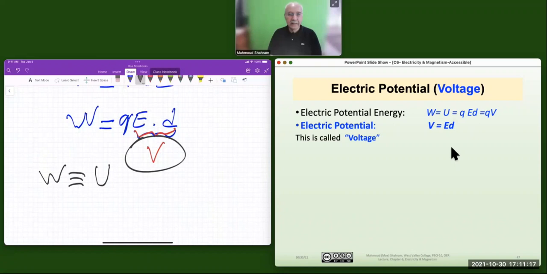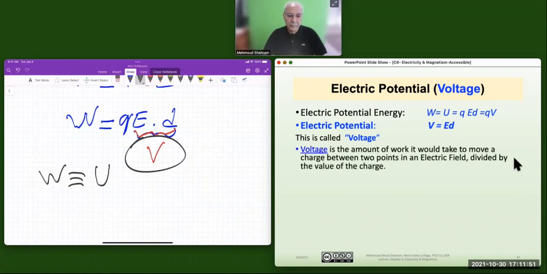You know that a battery is 9 volts. That's its electric potential. It has that potential. So when you talk about a 1.5 volt battery, or a 110 volt outlet, that is its electric potential. Voltage.